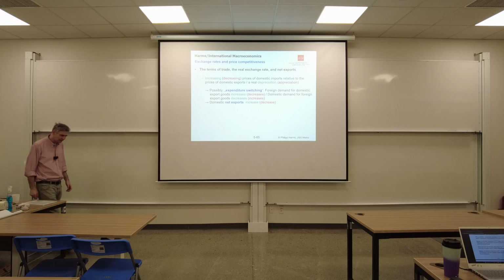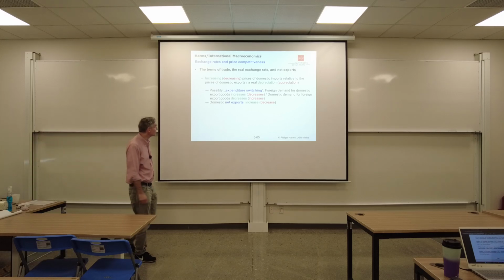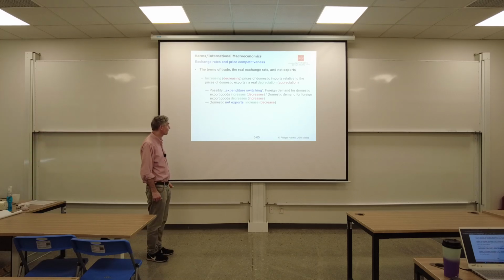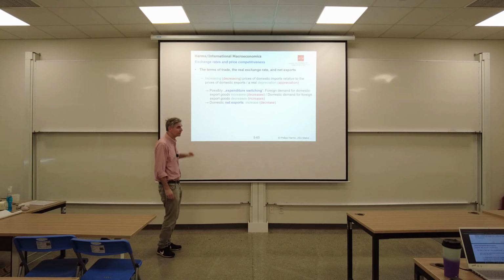Okay, what is the result of increasing the price of imports relative to the price of exports, which is reflected by a real depreciation, if you have home bias in consumption? Well, you have possibly what we call expenditure switching.